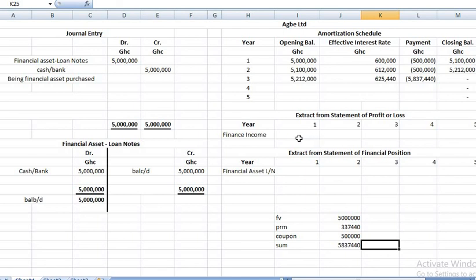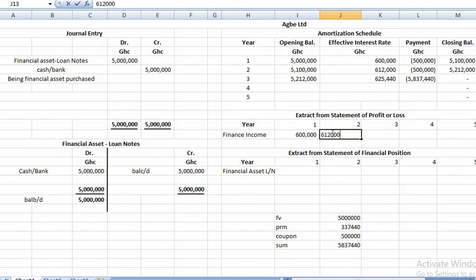So finance income. Since it's a financial asset, any interest that is received will be termed as finance income or income on investment. The first year's is 600,000. Second year is 612,000.